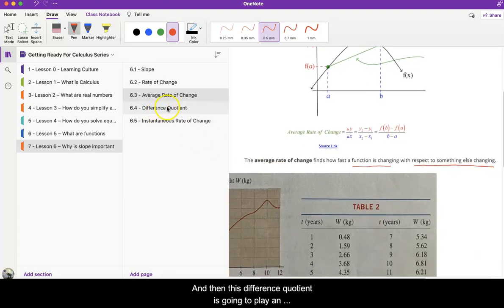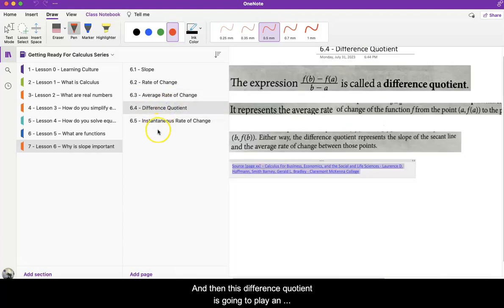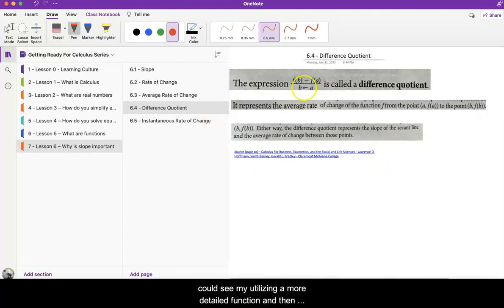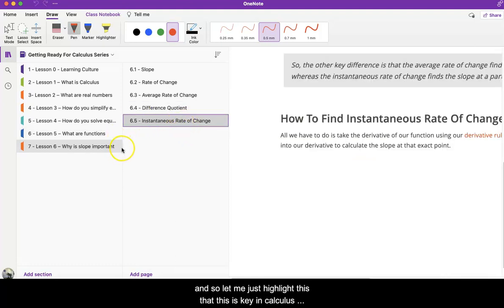And then this difference quotient is going to play an important role in calculus, because this is going to allow us to formalize the average rate of change here, as you could see, by utilizing a more detailed function. And then we're going to take that average rate of change and then talk about the instantaneous rate of change.